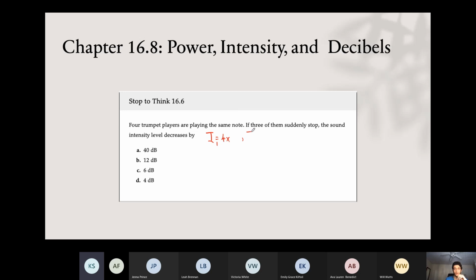Now once 3 of them stopped, the new intensity is just 1x, because there's only one trumpet still playing. So how can we find by how much the intensity level decreased?